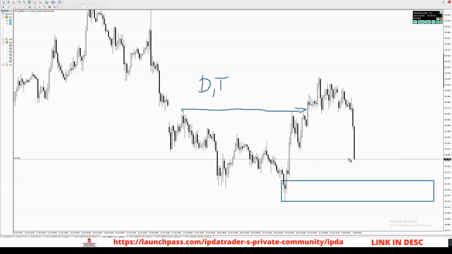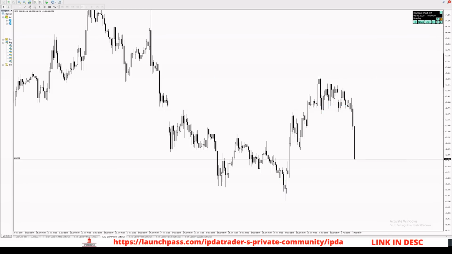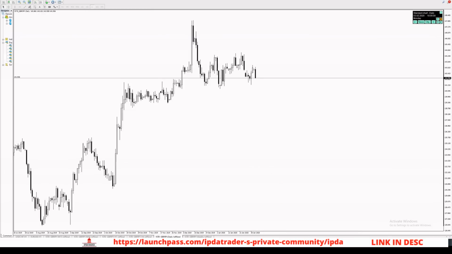This would be an area where I would want to watch for potential longs, right? To possibly revisit this area and potentially, if my high time frame bias is bullish, to even clear this liquidity high over there, right? So that's an idea. So let's quickly go through the daily.